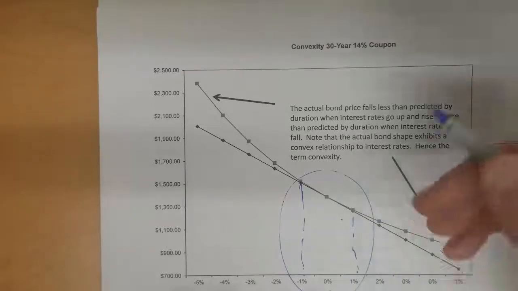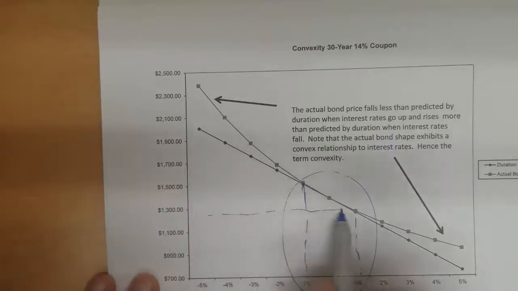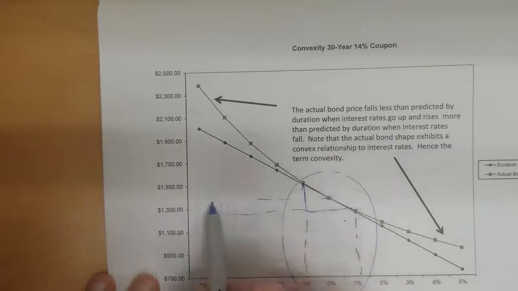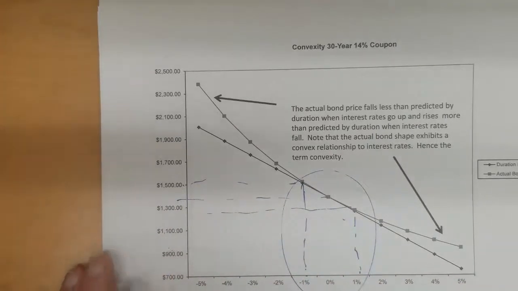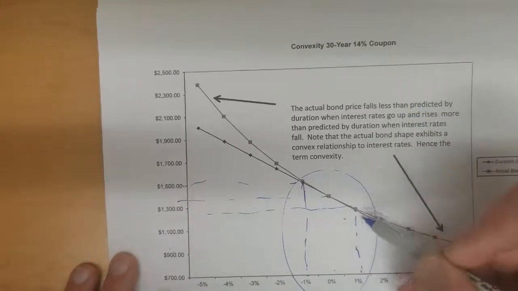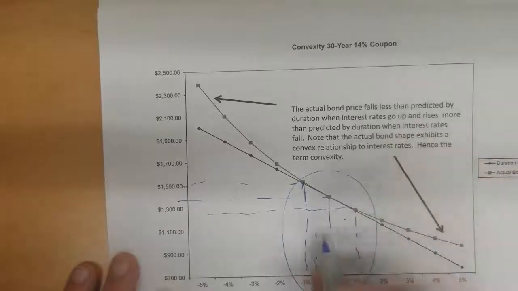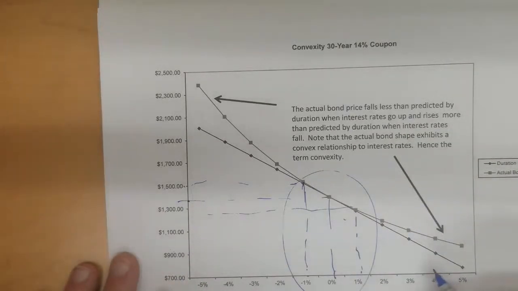If we drew these points out here, and you say it increased by 1%, and it originally was at 0, which is about 1350, we know that if the interest rate or the yield increases, the bond price will fall.